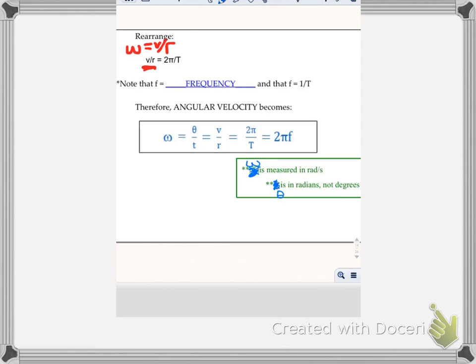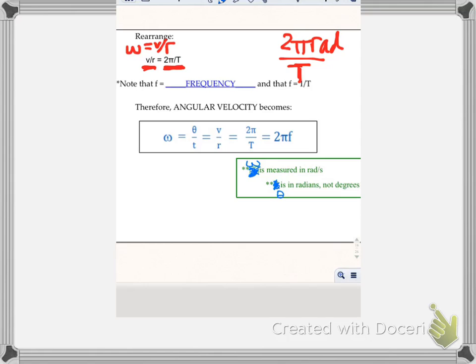Then think back to when we did the centripetal acceleration lab, where we looked at the distance once around a circle as being 2 pi r, and then dividing it by the time, which was the period once around the circle. Well, if we're talking about radians, that r is simply a rad, and you can leave it off for our formula.